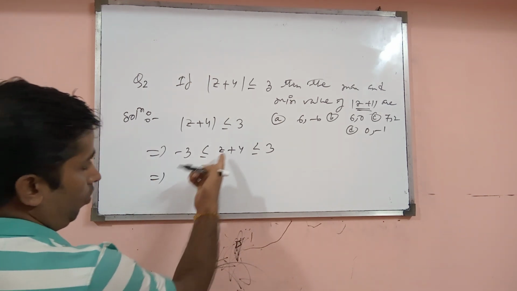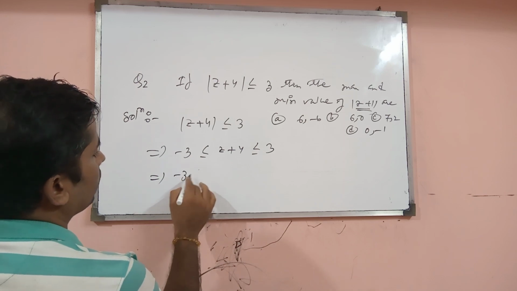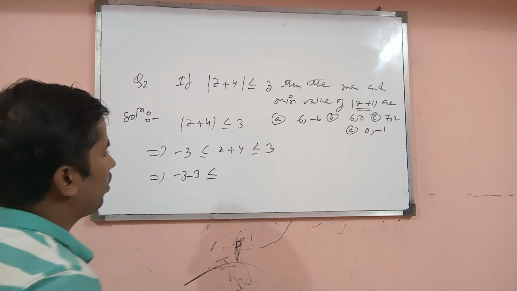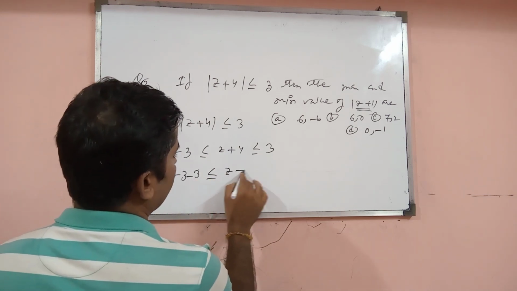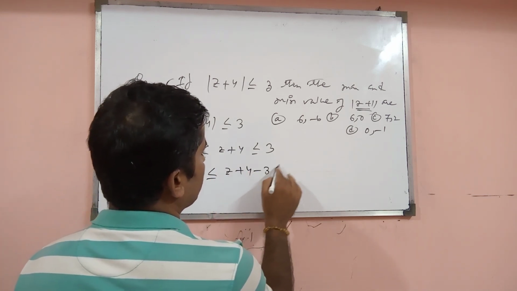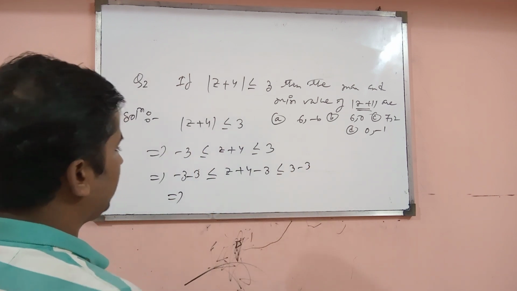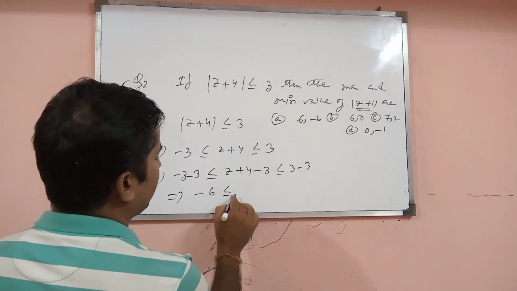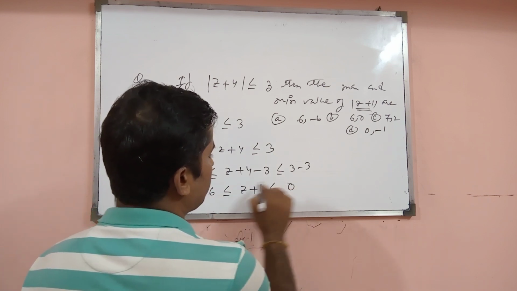So if we subtract 3 from each portion, finally it is minus 6 less than or equal to z plus 1 less than or equal to 0.